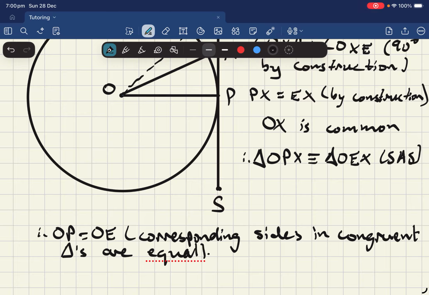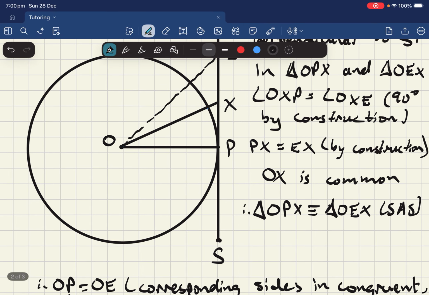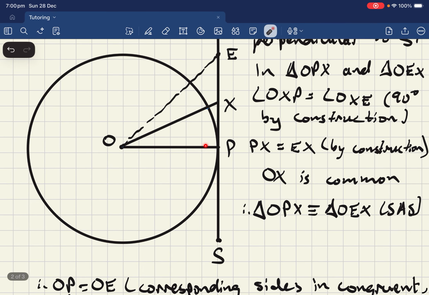Okay, now, as OP is the radius, then because these sides are the same, E must lie on the circle. We can clearly see it doesn't lie on the circle. Otherwise, it should have the same length. Here is where our contradiction comes in, okay?